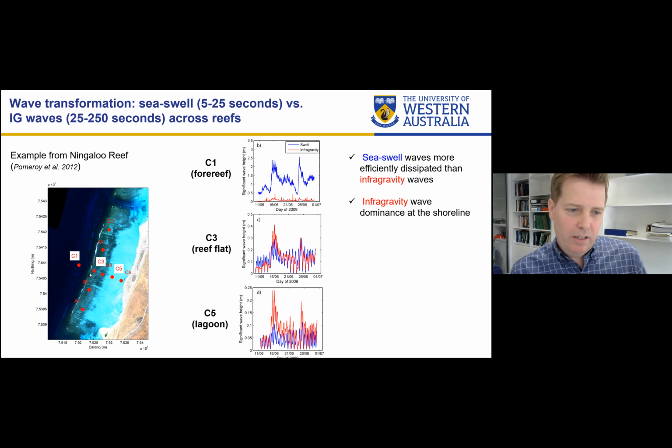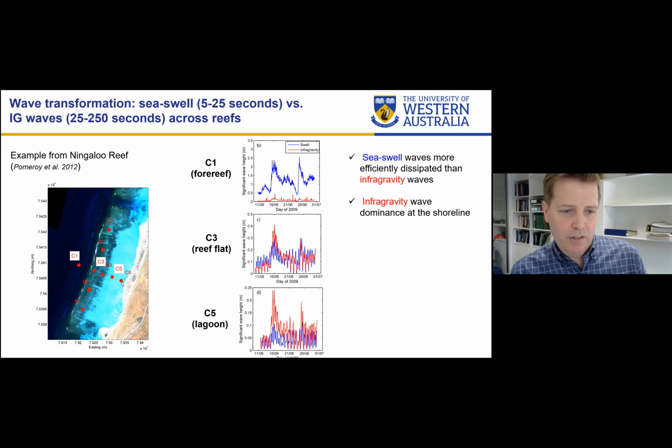But when we see the sea swell wave energy breaking, this is the white areas here, we get a dramatic decrease in the swell wave heights, and we get an increase actually in the infragravity wave height. So right out of the surf zone, there's more or less a balance between swell and infragravity wave motions.